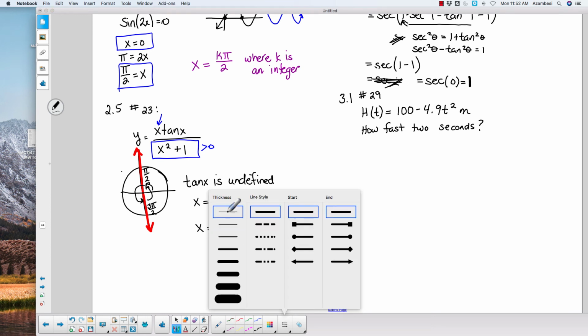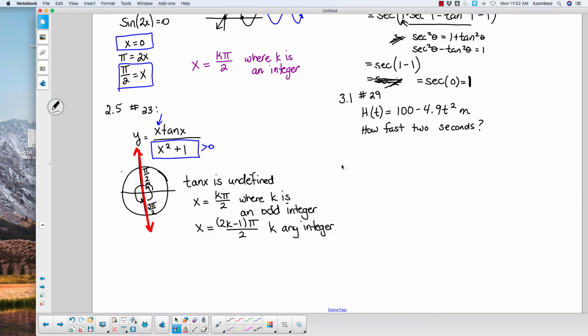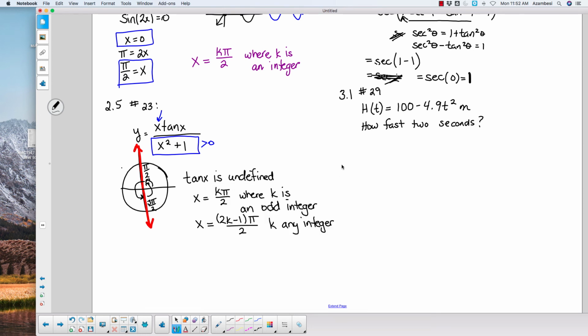All right, last one. This is 3.1 number 29, there are some applied problems in there. If we're looking for how fast an object that's being dropped is going after 2 seconds, what we're looking for, if we have our position, then the first derivative of a position function is equal to speed.